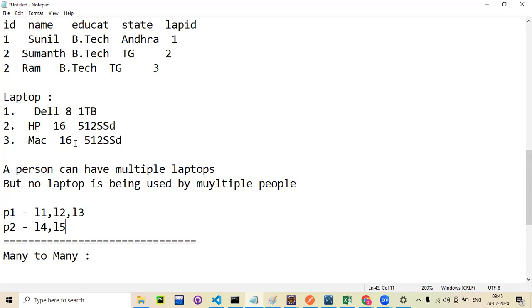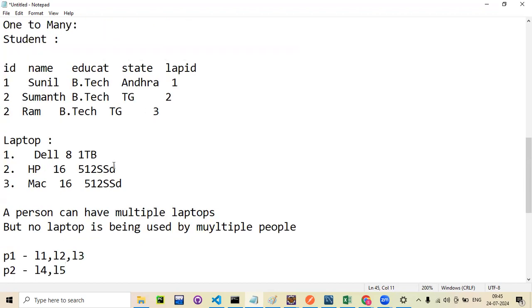So what is the solution here? How to join these two tables? I told you already, Sumant: you just add the person ID, student ID. Student ID is the child level. Let us assume SID, student ID.